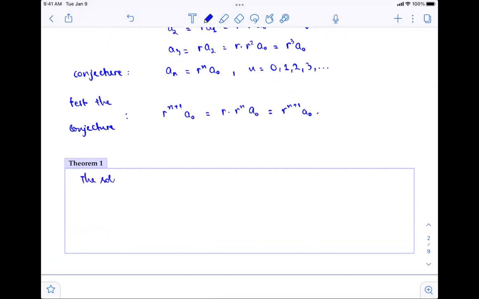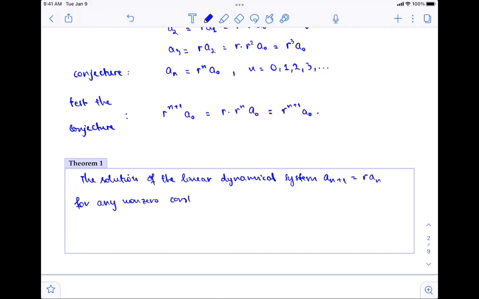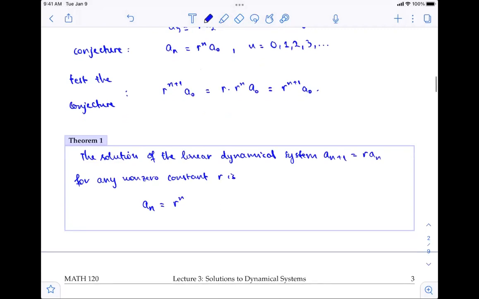So the solution of the linear dynamical system a sub n plus 1 equal to r times a sub n, for any non-zero constant r, is given as a sub n equal to r raised to the n power times a sub 0, where a sub 0 is the initial condition or initial value.